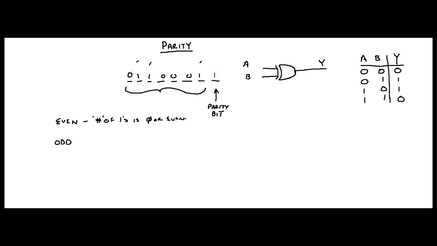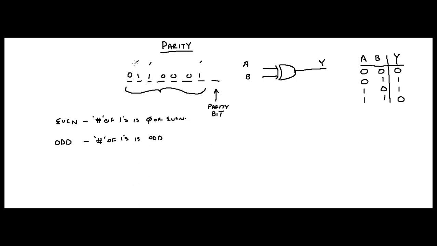Get it? Now, if on the other hand the transmitter and the receiver wish to use odd parity, then the number of ones is odd.